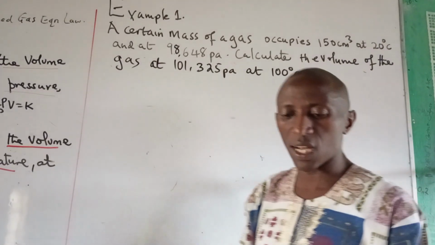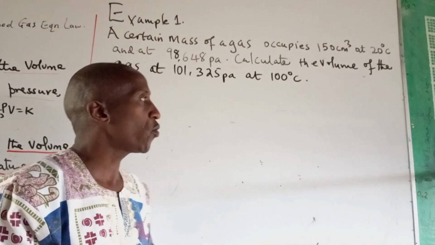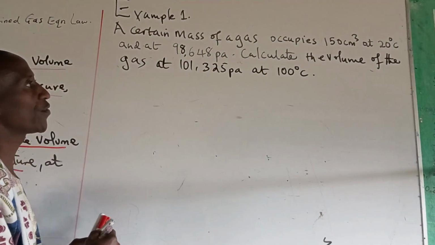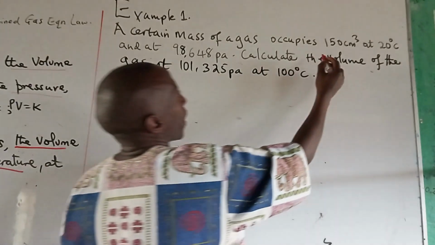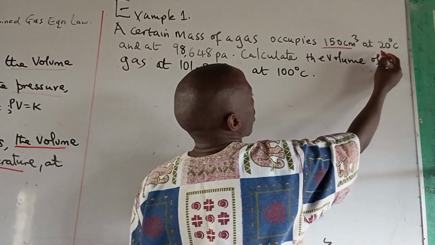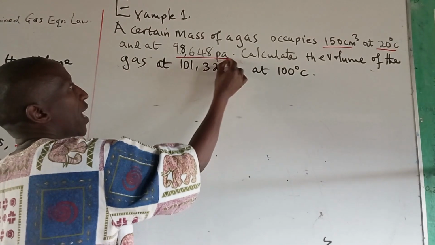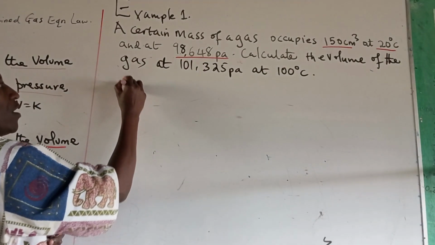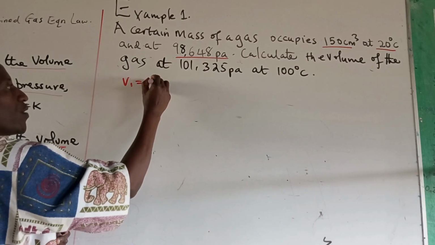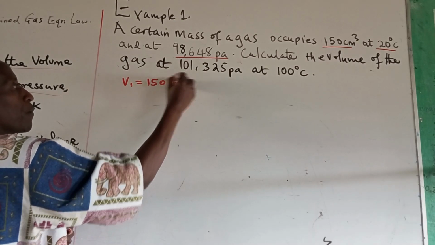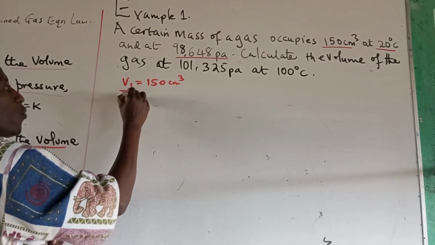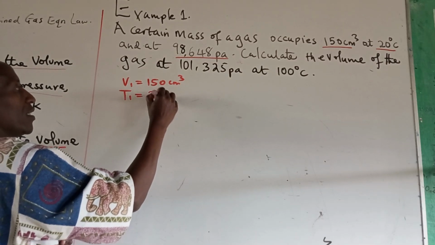So in this particular question, we should be able to identify these conditions: the volume at condition 1, the temperature at condition 1, and the pressure at condition 1. So we are saying V1 is equal to 150 centimeter cubed. We have T1, which is equal to 20.